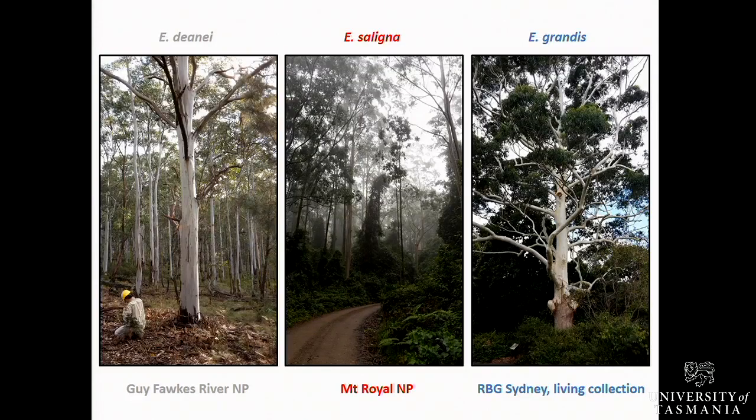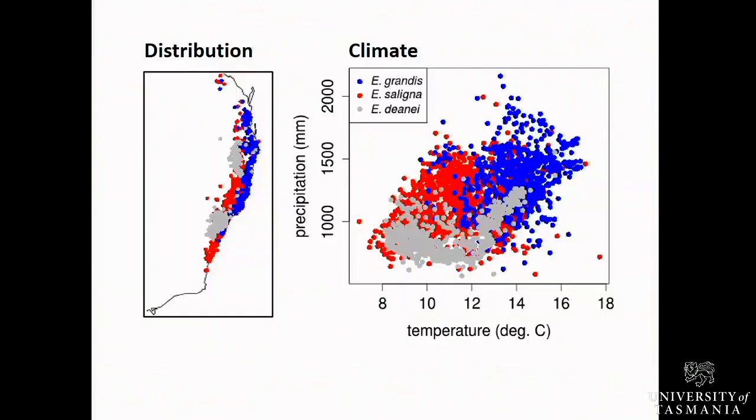But we also know that in parts of its range, it's sympatric with species with which it's known to hybridize. These include Eucalyptus denii and Eucalyptus grandis. Also Eucalyptus botryoides, which I've left out of this just for now because we've mostly been sampling north of Sydney, and it seems to hybridize extensively south of Sydney with botryoides.